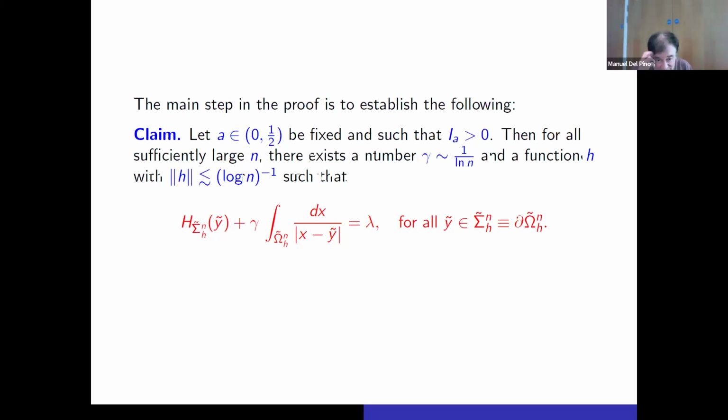This is the main step in the proof, proving the existence of such a solution. In fact, this is a delicate matter, and you may wonder what this has to do with the full problem. Well, this is giving you critical points for any sufficiently large mass. However, that mass is apparently going on a discrete set.